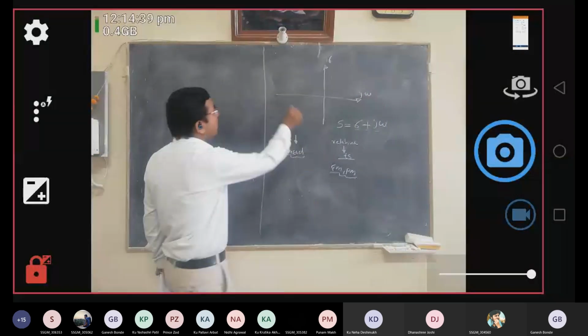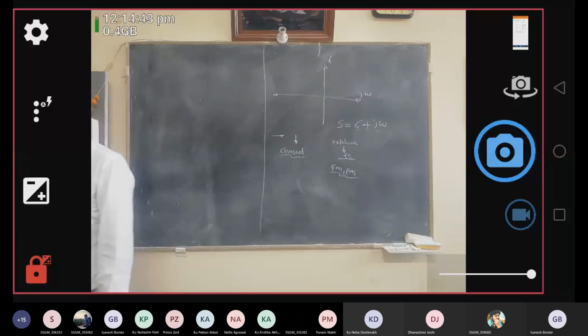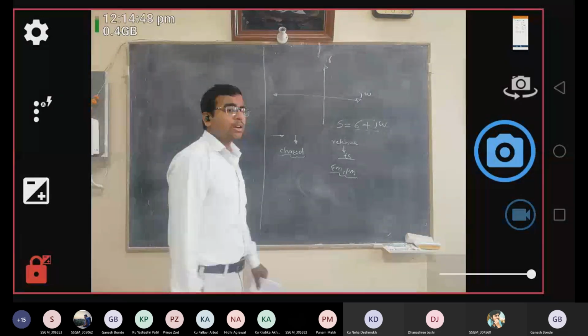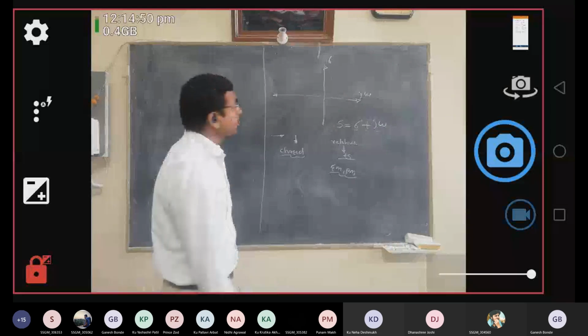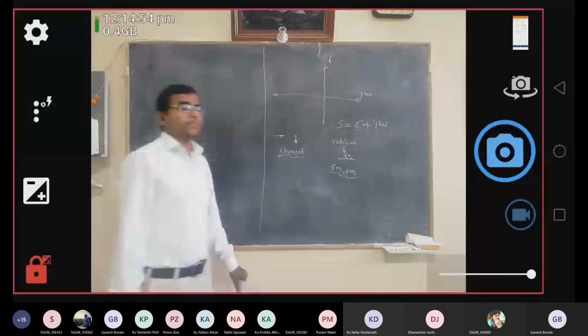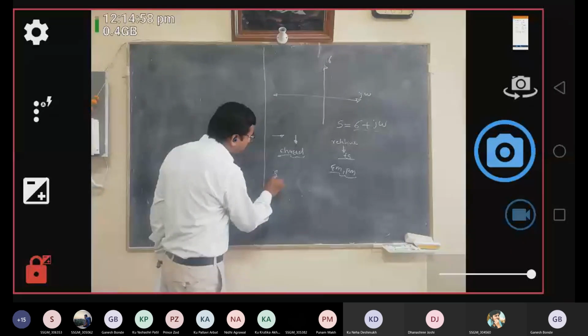With the help of this complex plane, we analyze whether our system is stable or unstable. We saw in yesterday's lecture the Hurwitz determinant. For the Hurwitz determinant, what is the sufficient condition?